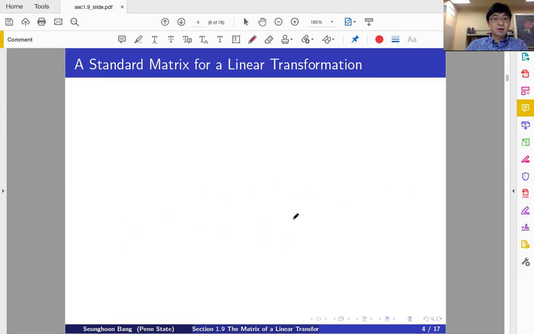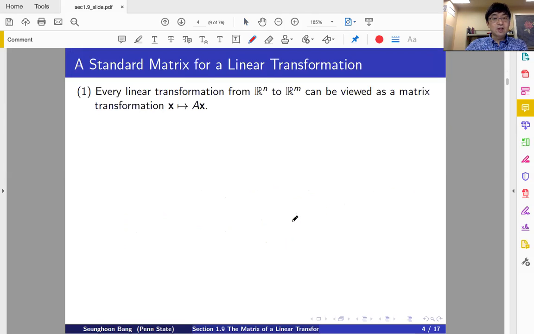Next, the standard matrix for a linear transformation. Every linear transformation from Rn to Rm can be viewed as a matrix transformation, x going to A times x, where A is an m by n matrix.